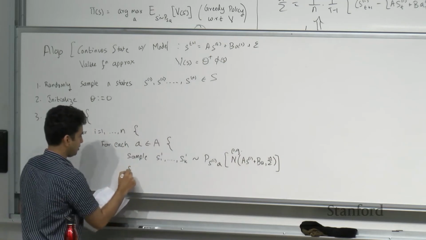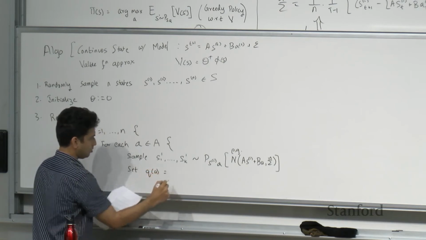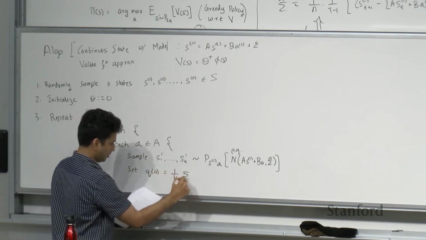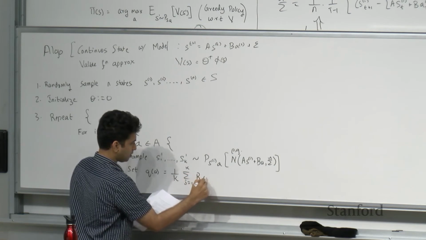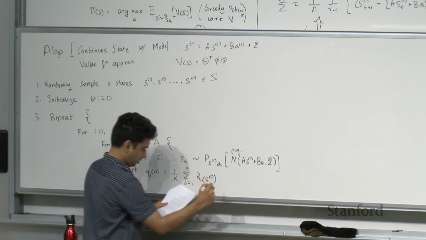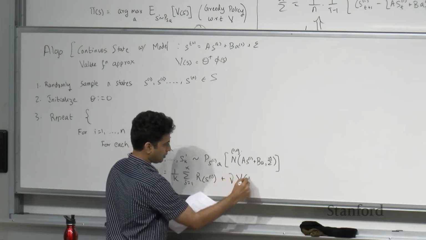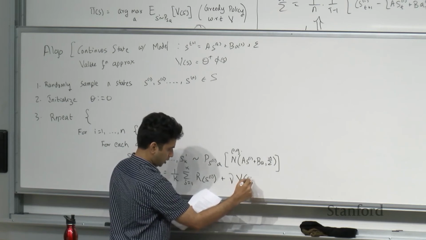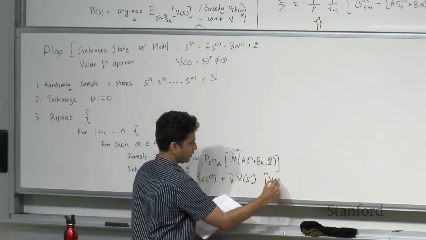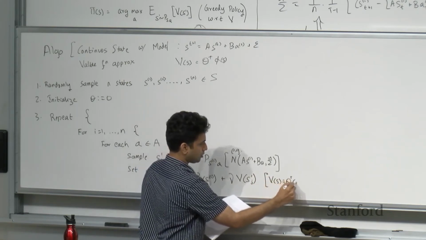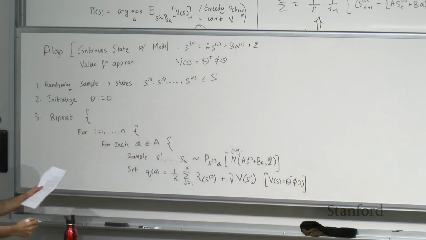And then set Q(a) equal to the average, 1 over k, sum over j equals 1 through k of R(s_i) plus gamma V(s_j'), again where here V(s) is equal to theta transpose phi(s).